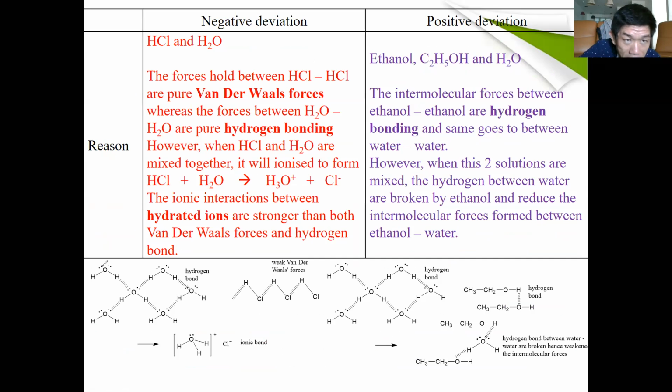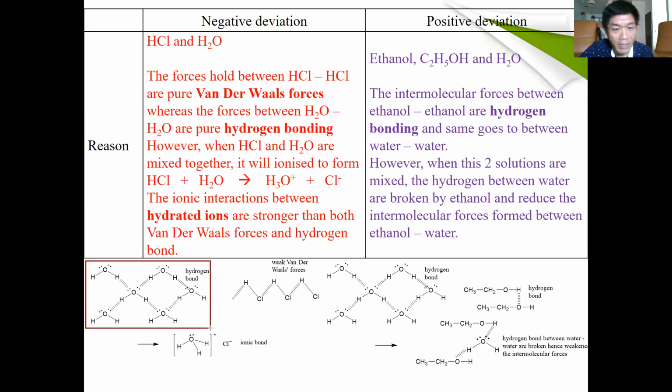So you can see, let's say for example, inside water, as we already learned, it has hydrogen bonds, isn't it? Whereas HCl molecules are held by weak van der Waals forces between them, isn't it? So when you mix them, because acids dissociate completely inside water, you form hydroxonium and also chloride ions. If you notice carefully, between hydroxonium and chloride ion, they form ionic bonds.